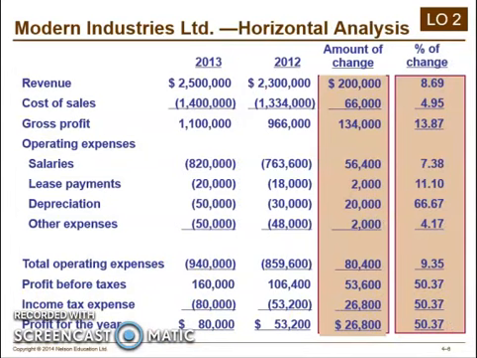Another way we can analyze our numbers is horizontal. Think of the horizon. So horizontal would be straight across. We're comparing each of our revenue numbers straight across. We've got 2012 at 2.3 million. We've got 2013 at 2.5 million. So for the amount of change, the formula is 2013 minus 2012.